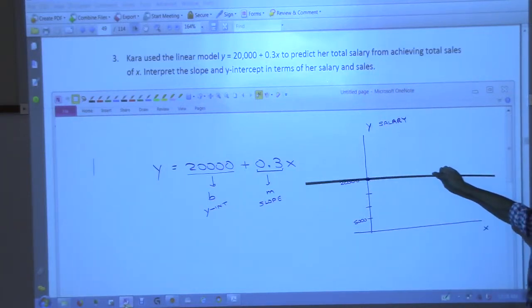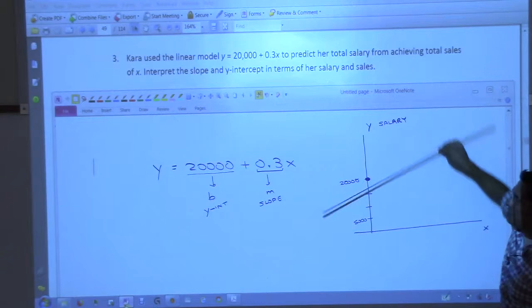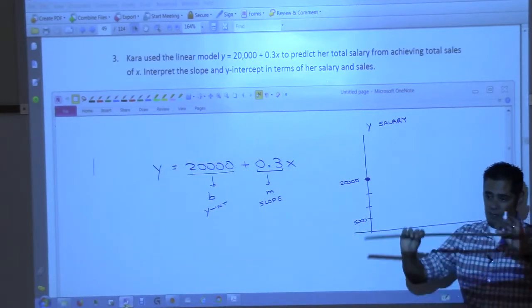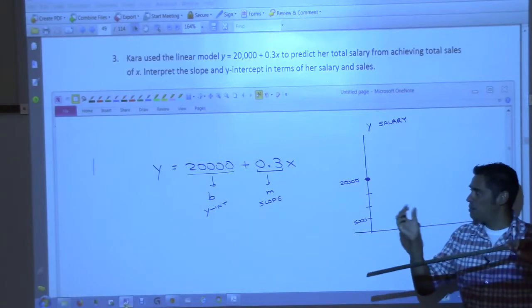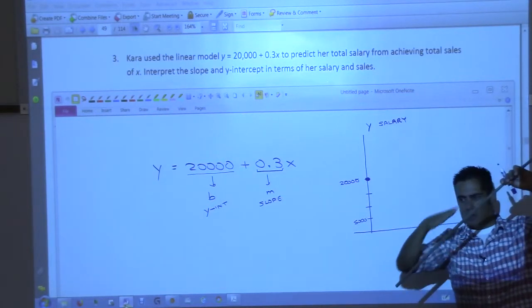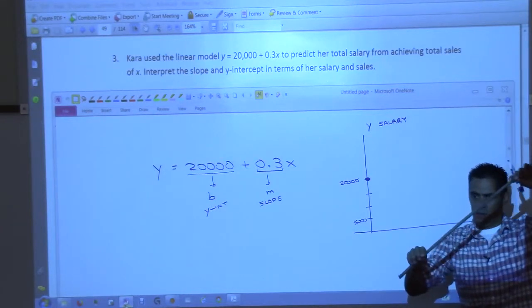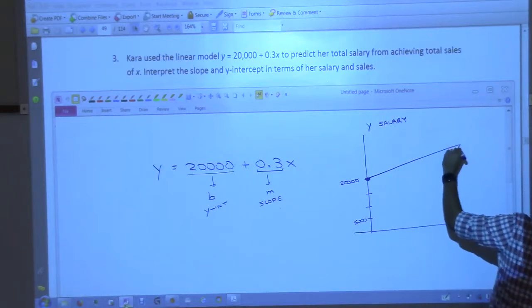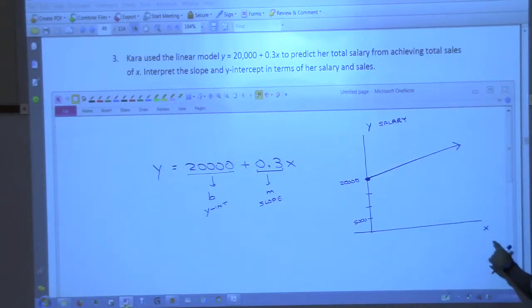It goes up. Now, is it really steep? No, it's not, because this is a positive number, 0.3. It does have a pitch up, but it's pretty small. So a slope of 1 is diagonal, like a perfect 45 degrees. So 0.3 is going to be less. So we know that this line does something like that. And then this right here, x, is her sales. I got those mixed up there for a second. Okay?